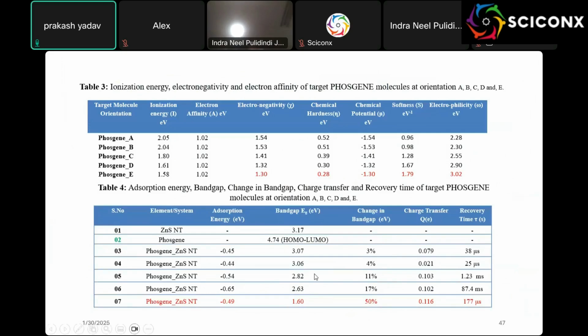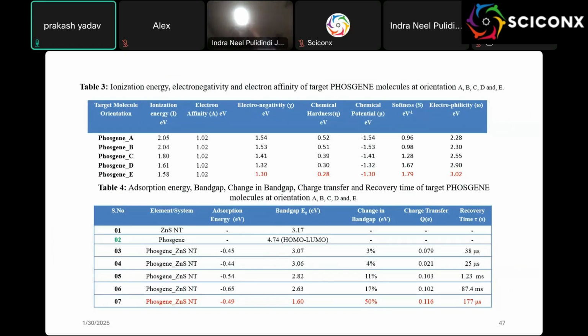And when we compare the band gap and adsorption energy, the adsorption energy is quite large for orientation B, but the band gap reduction is very small, the change in band gap is only 4%, and recovery and charge transfer are also minimal. So I cannot say this is a good sensing position for that molecule.